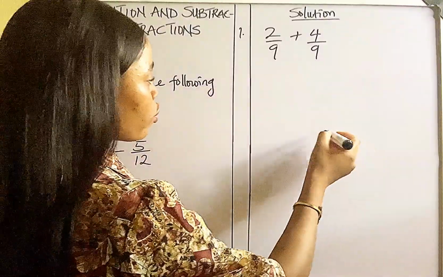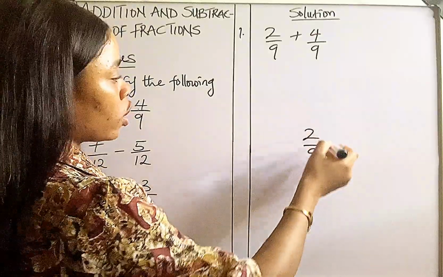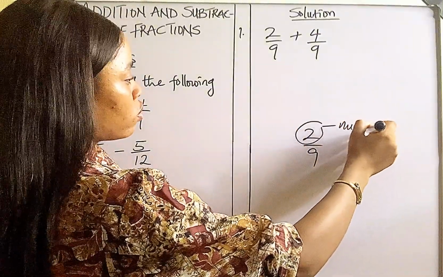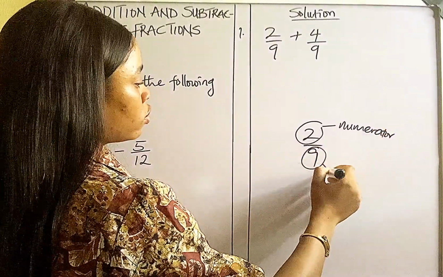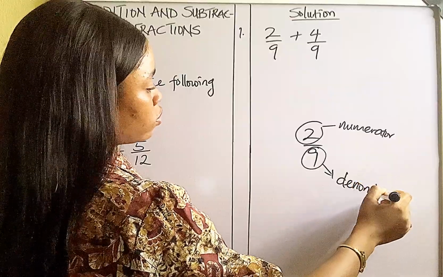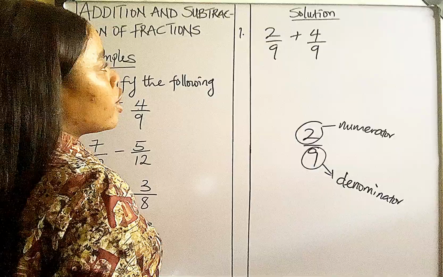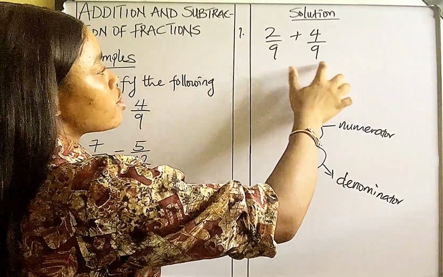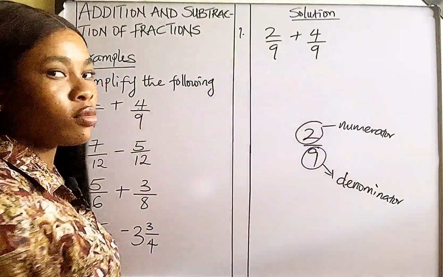This is 2 over 9, which is a fraction. The number up is called the numerator, while the number down is called the denominator. And so, looking at these two fractions, you can see that they both have the same denominator, 9 and 9.